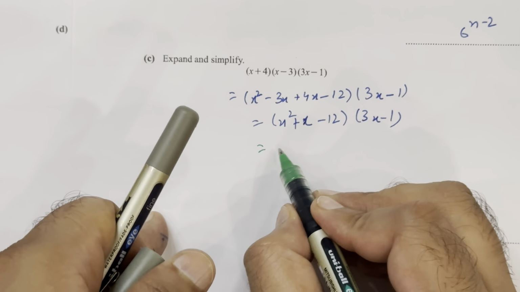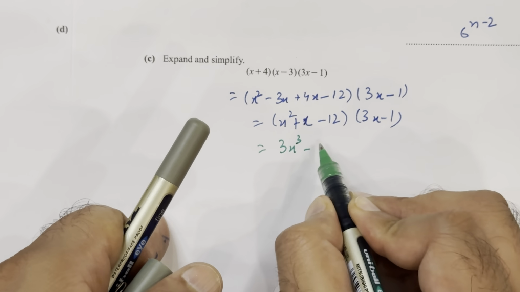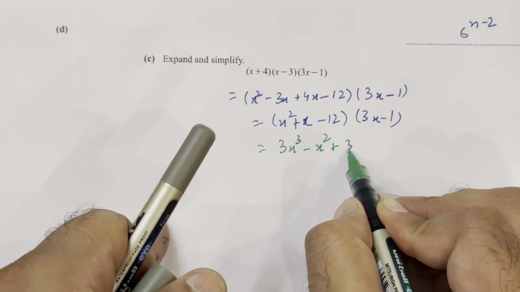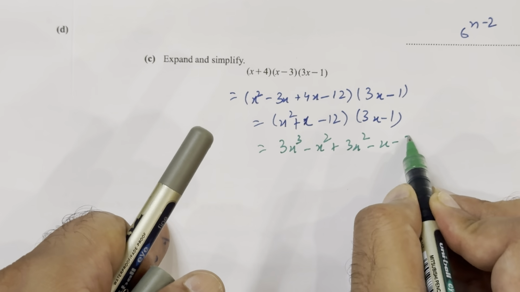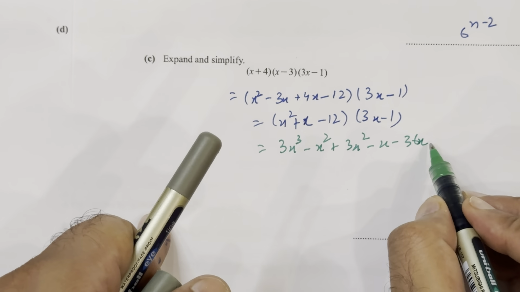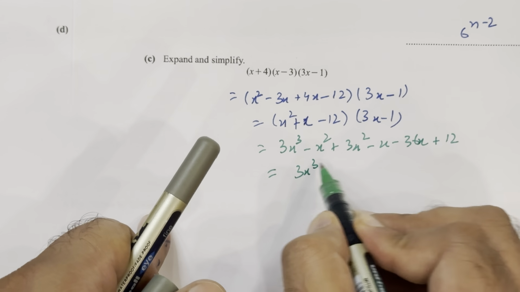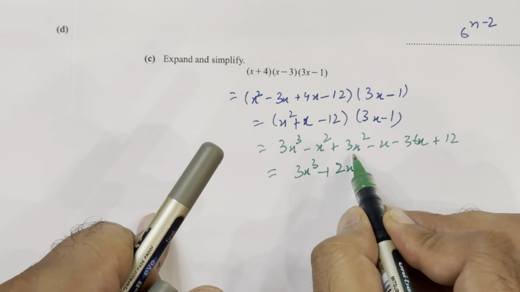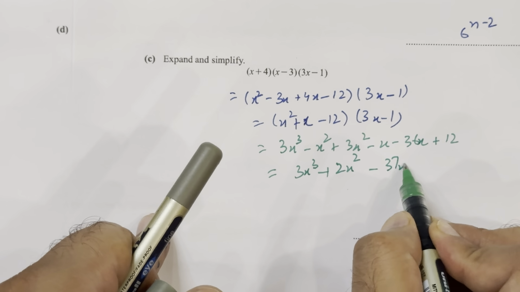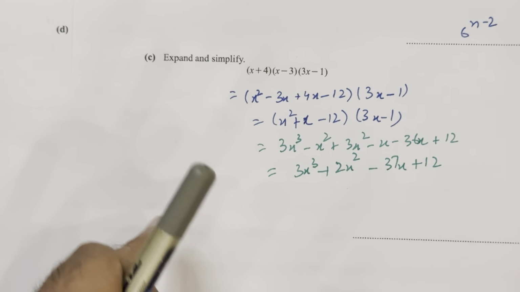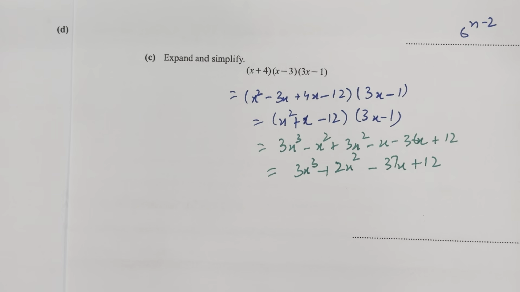So it would be 3x cube minus x square plus 3x square minus x minus 36x and plus 12. After solving it, you get the value 3x cube plus 2x square minus 37x plus 12. So this would be your final answer after expanding and simplifying it.